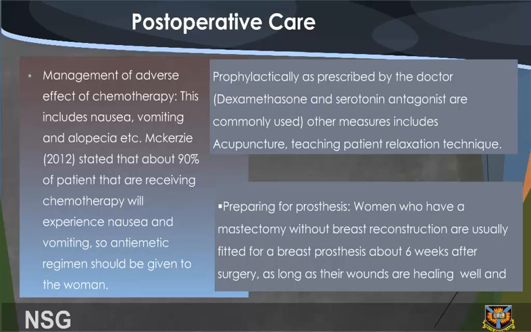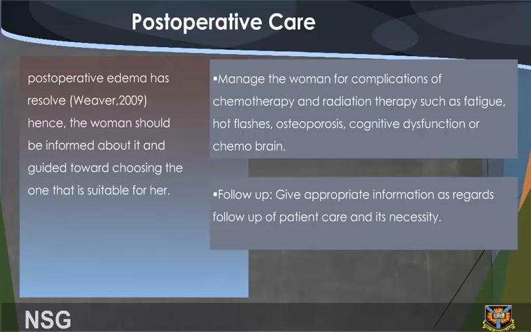Women who have a mastectomy without breast reconstruction are usually fitted for a breast prosthesis about 6 weeks after surgery, as long as their wounds are healing well and postoperative edema has resolved (Weaver, 2009). Hence, the woman should be informed about it and guided toward choosing the one that is suitable for her.